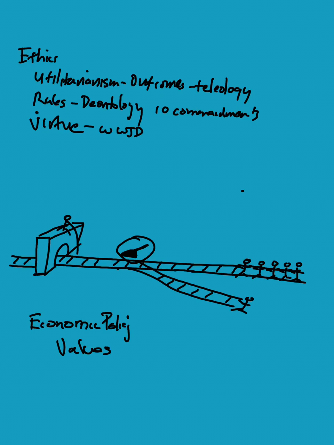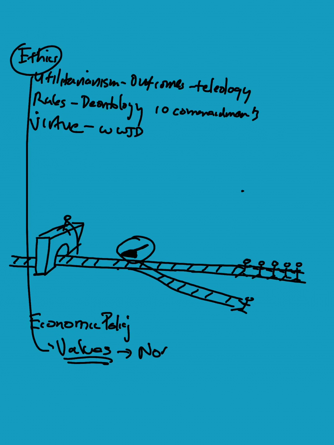And any kind of statement where we're bringing our values or really our ethics into it, this is what's going to be called normative economics. What is normative economics? It's making a statement based on our values, as opposed to positive economics, which is an attempt at just looking at the data.